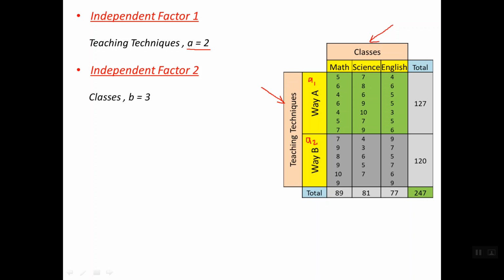So the second independent factor is the classes with 3 levels. So B here is equal to 3. Simply we can denote for math B1, and for science B2, and for the English B3.